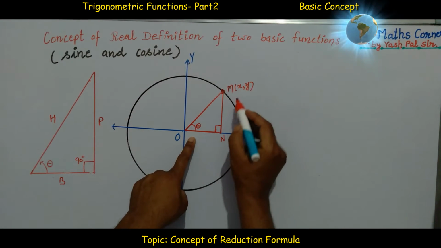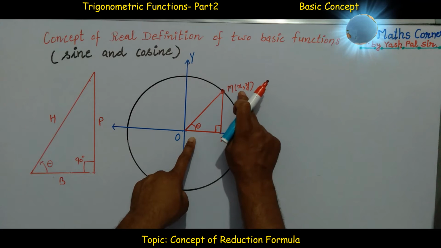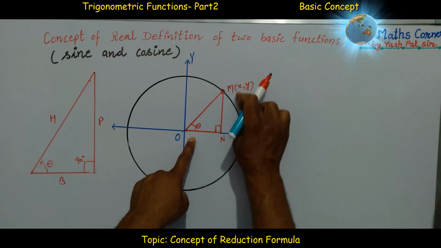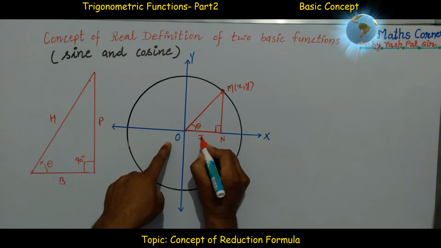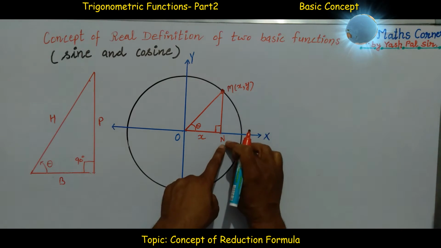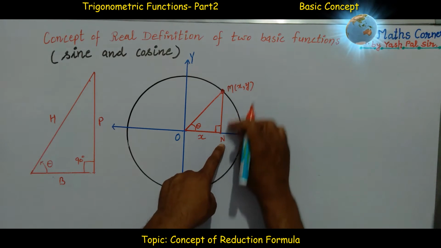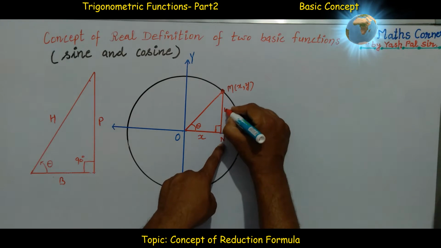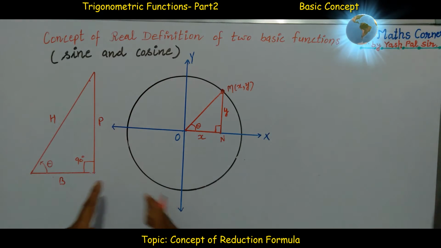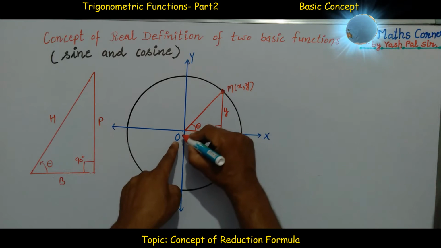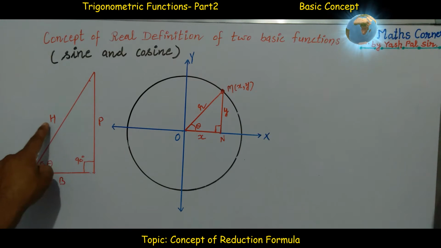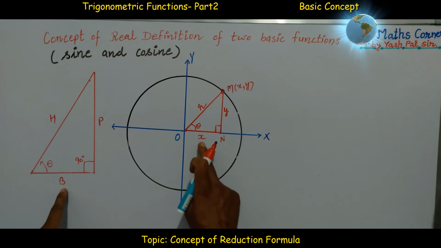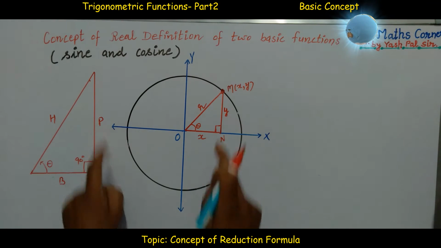Here the moving point's x, that is O to N, this distance is x. And y, this height, M to N distance, is y. As we are discussing a circle, O to M is the radius r.